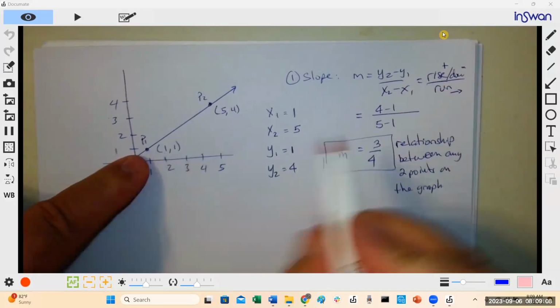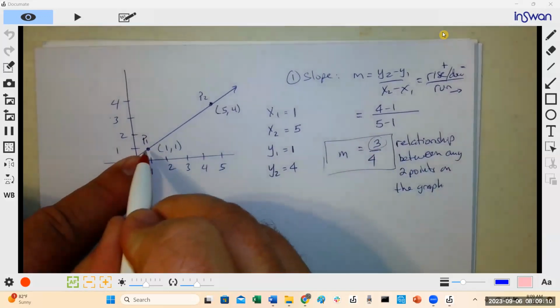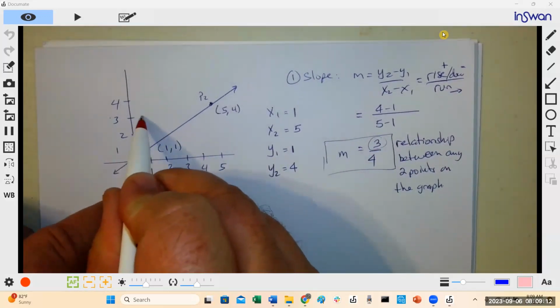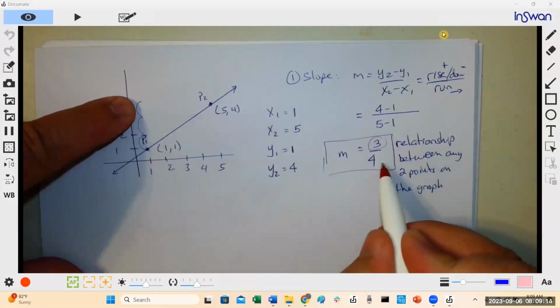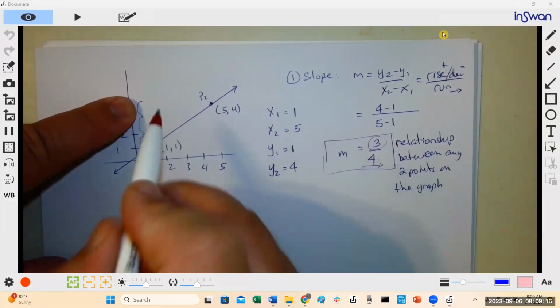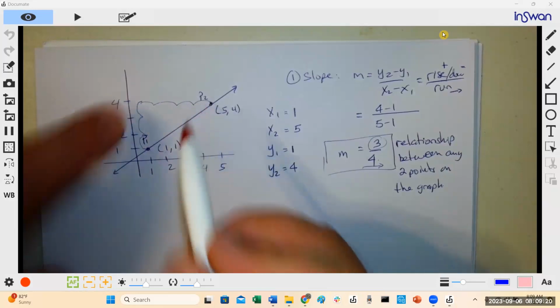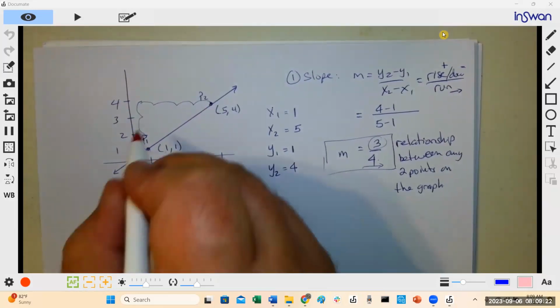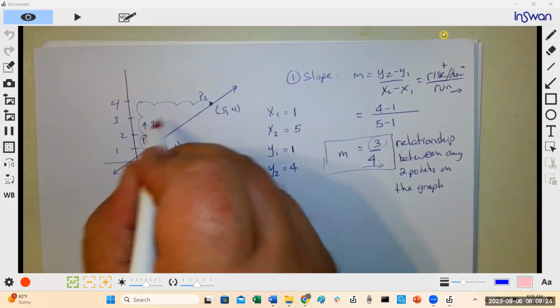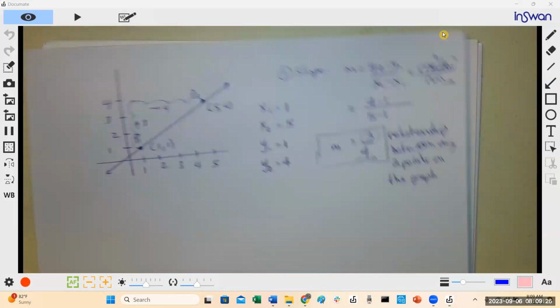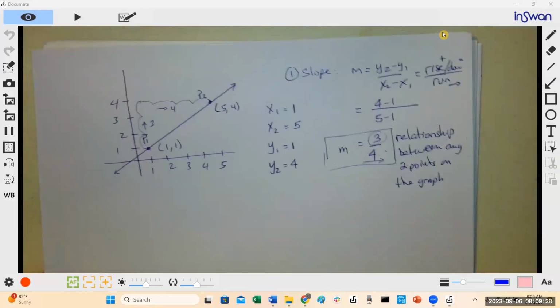This one is positive, so we go up 3: 1, 2, 3. And this one is positive, so it goes to the right: 1, 2, 3, 4. So it's up 3 and over 4. That's what the slope means.